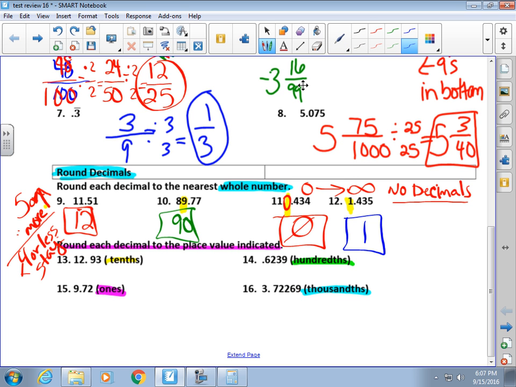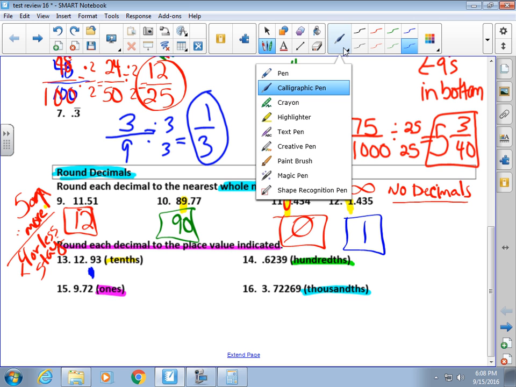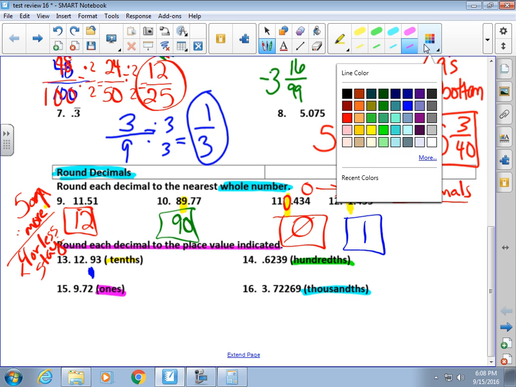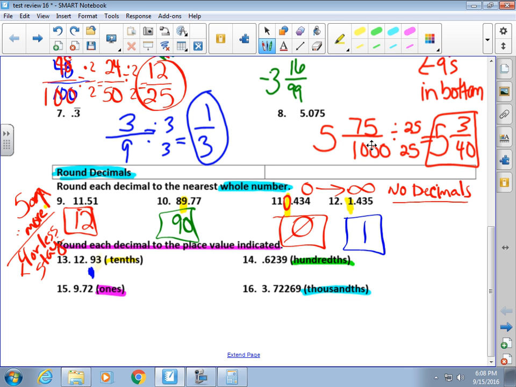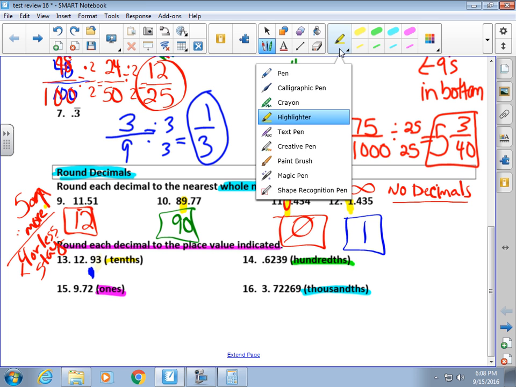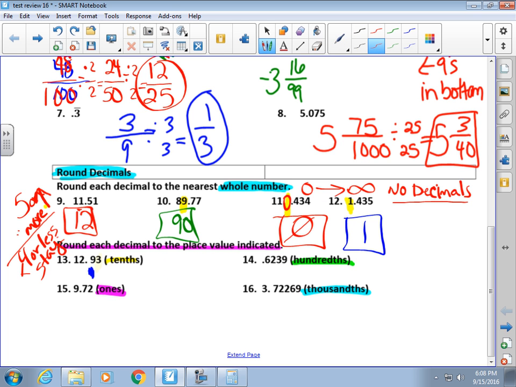This one says tenths. This is my tenths place, where the 9 is. Everything in front is going to stay, and I'm trying to decide, is the 9 going to become 10 or stay a 9? I look at the number after it. There's a 3. And 3 is 4 or less, so it stays a 9. So 12.9. That's the nearest tenth. 14.